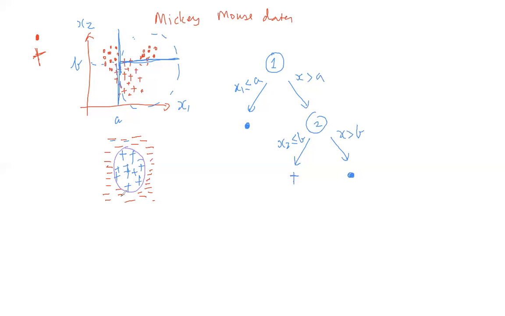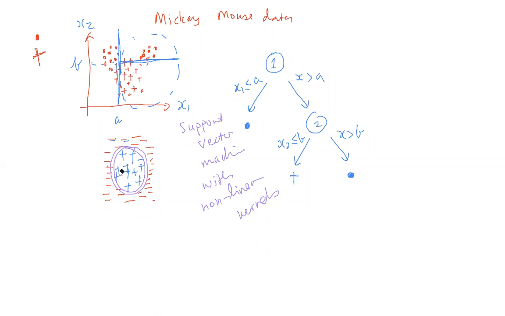Anything in this circle, you will classify as plus. That is what we call a support vector machine with non-linear kernels. So you can construct this decision rule and classify it very accurately.